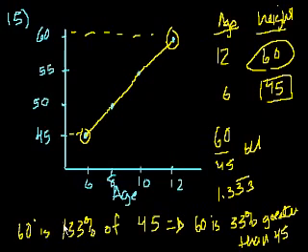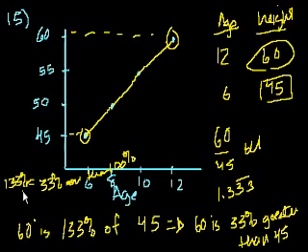Or we could say 133% is equal to 33% more than 100%. Hope I'm not confusing you, but I try to do this in a couple of different ways to help you understand what 33% greater means. If x is 33% greater than y, that means x is 133% of y.